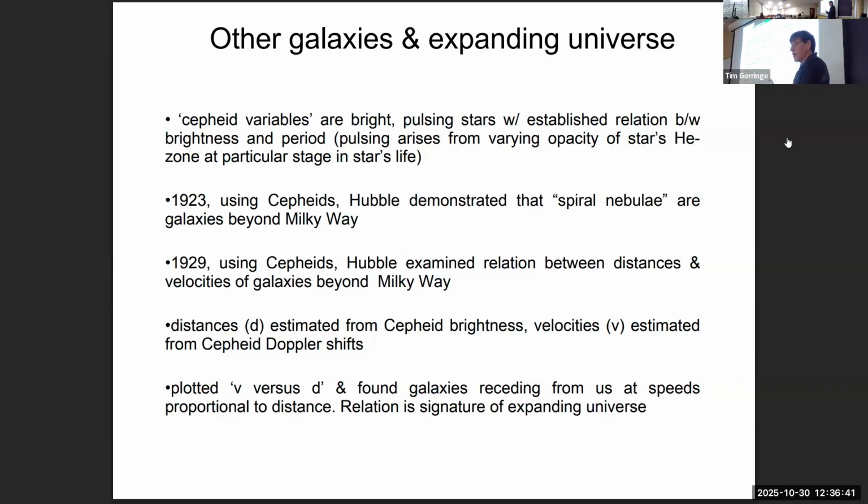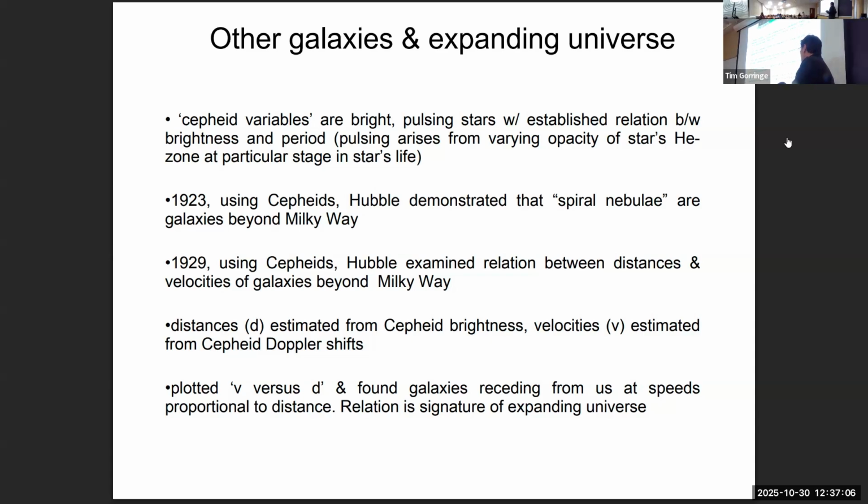There was a big question at the time of whether they were in the galaxy or outside the galaxy. And they contain these Cepheid variables, and he was able to determine that those spiral nebulae are actually galaxies outside our own galaxy, the Milky Way. So that was a big breakthrough, that there were galaxies beyond that galaxy.